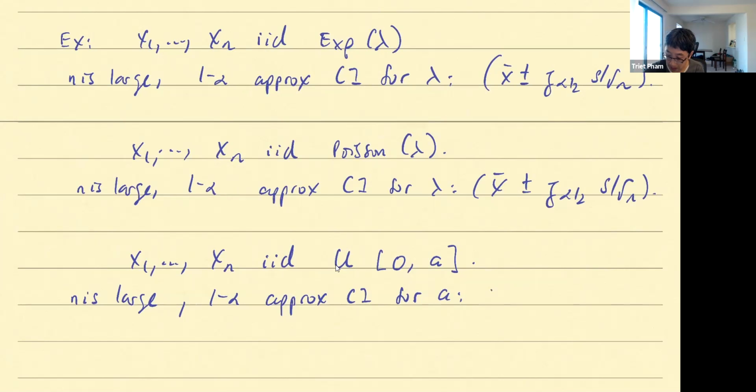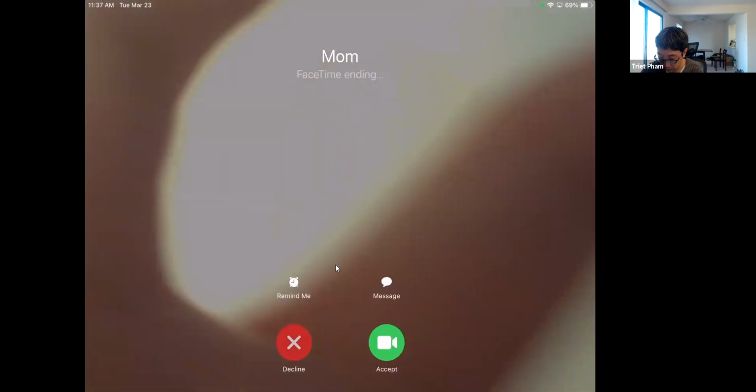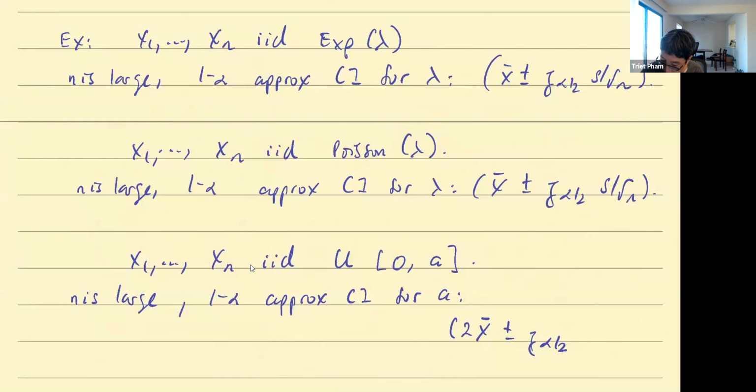It would be 2x bar plus minus z alpha over 2 times 2s over root n. Is that okay?